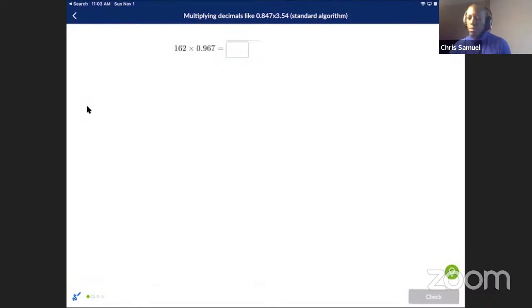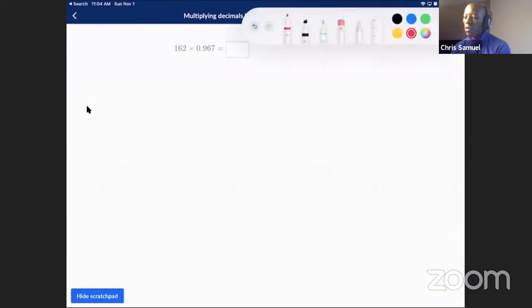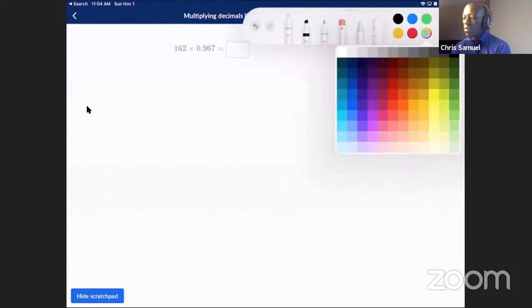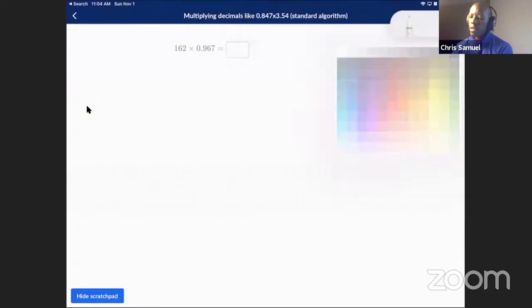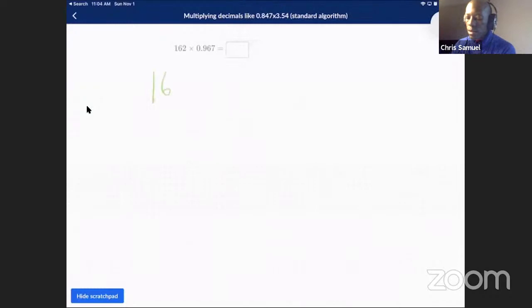Okay. That was actually a very long way, and you can easily make more mistakes that way. So to make things much easier for me, it's best to do something like this: 162 times 0.961. One thing I know is that if this is less than 1, the number should be less than 1.